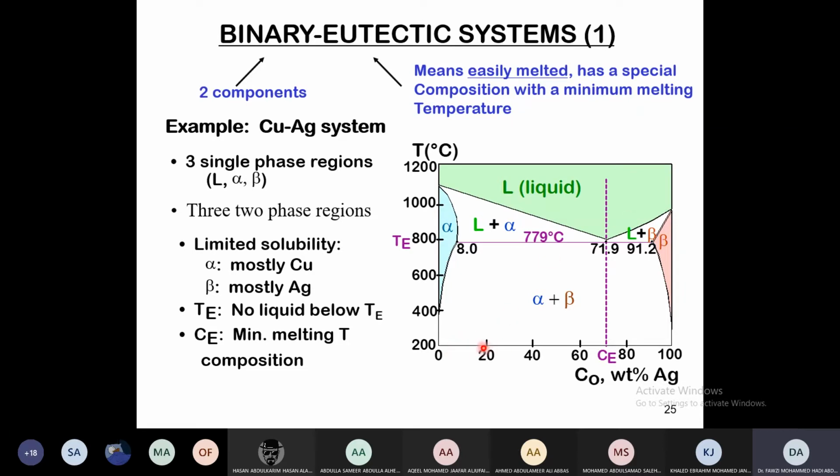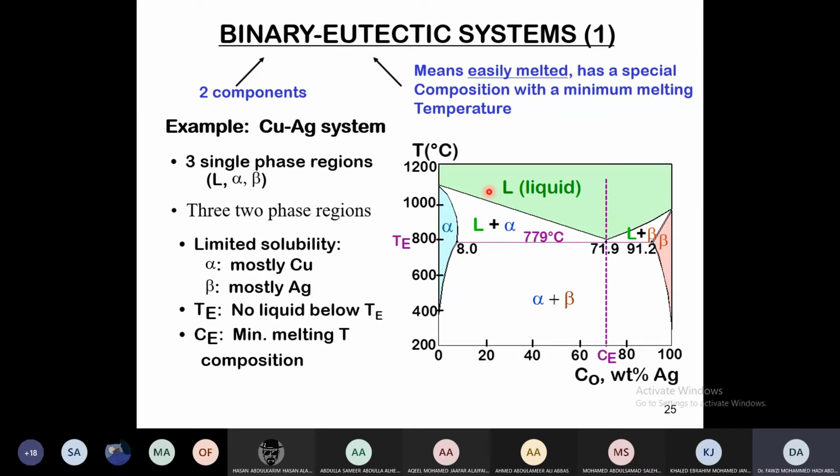But when you have an alloy, when you have a composition of different things together, like the copper and the silver in this case, when you want to melt, as you are increasing the temperature, it happens across a range of temperatures. As you could see there, right? It goes from the solid into the liquid and solid mixture, and changes until you reach that temperature.